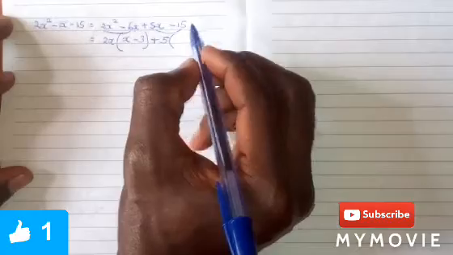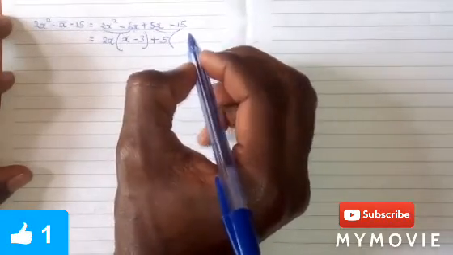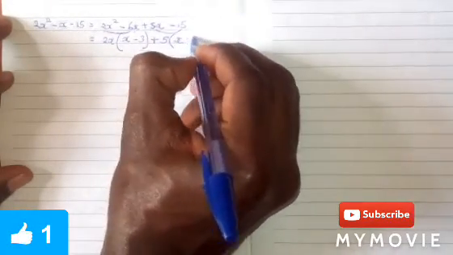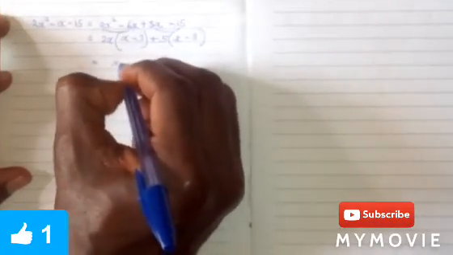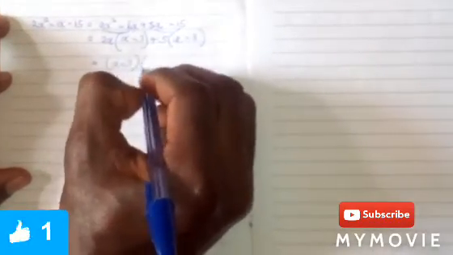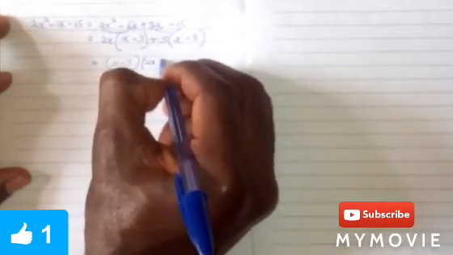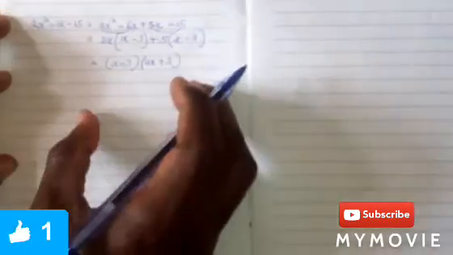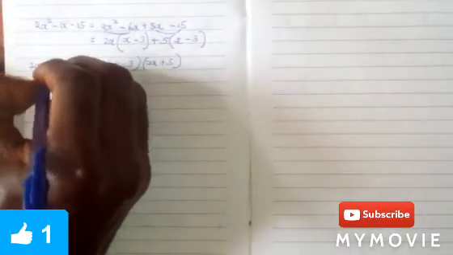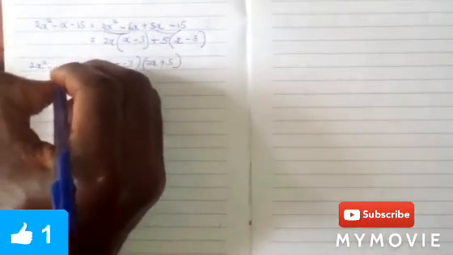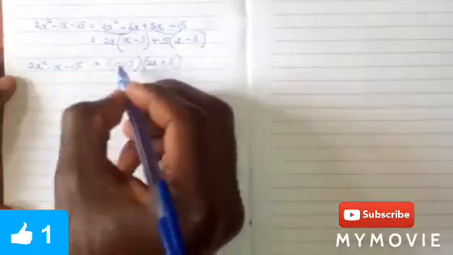So plus 5 will now remain here with x minus 3, and you'll still observe that x minus 3 is common throughout, so you remain with 2x plus 5. So that becomes the factors of this expression, 2x squared minus x minus 15.